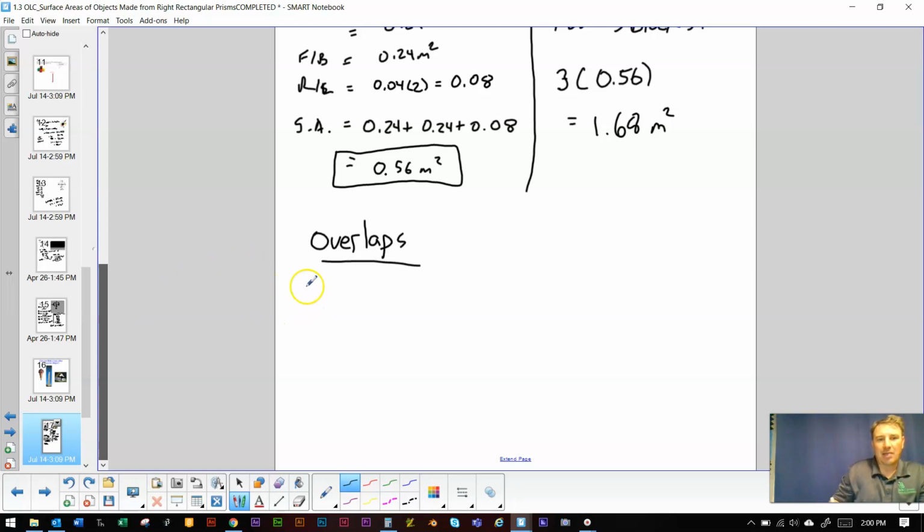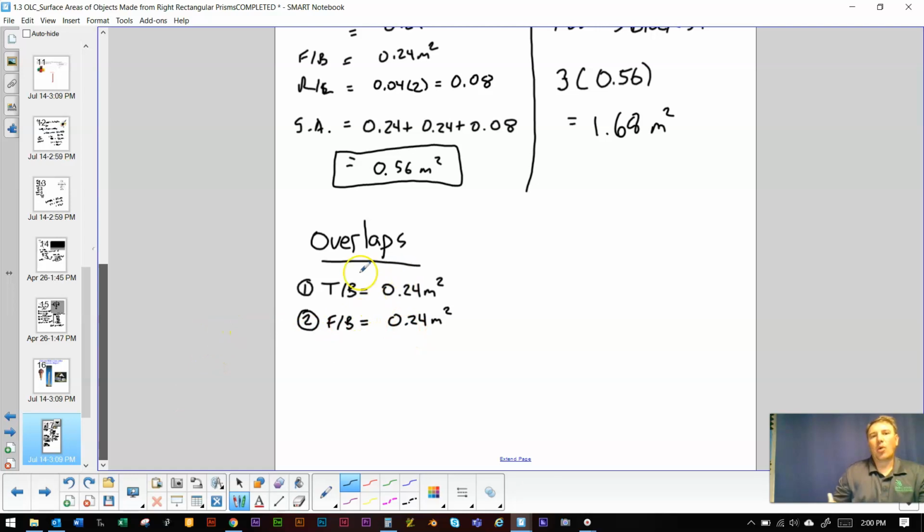So we've got an overlap of 1 top bottom, which equals 0.24 meters squared. And we also have an overlap of a front back, which is also 0.24 meters squared.